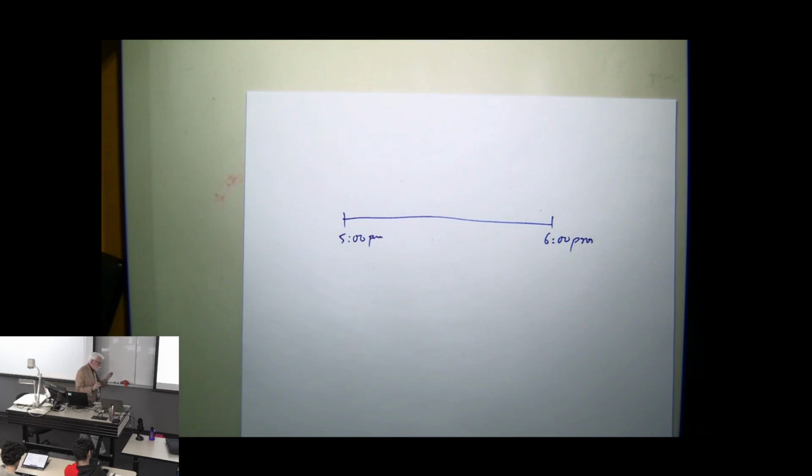So what I'm saying is that first ding is equally likely to show up between 5 o'clock and 5:15 as it is between 5:15 and 5:30, or 5:30 to 5:45, or 5:45 to 6 o'clock, or in fact any other 15-minute interval in there. And I don't even have to have the interval being continuous.